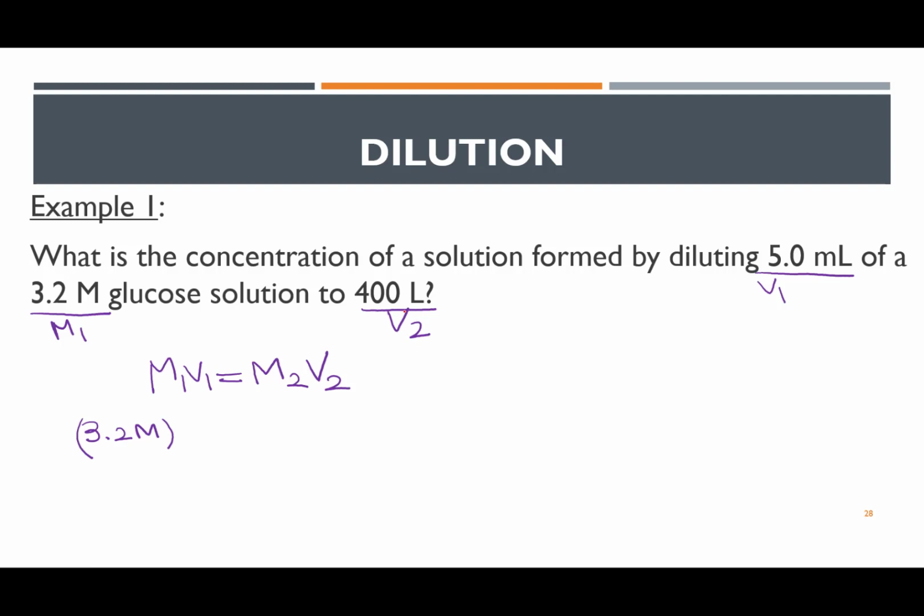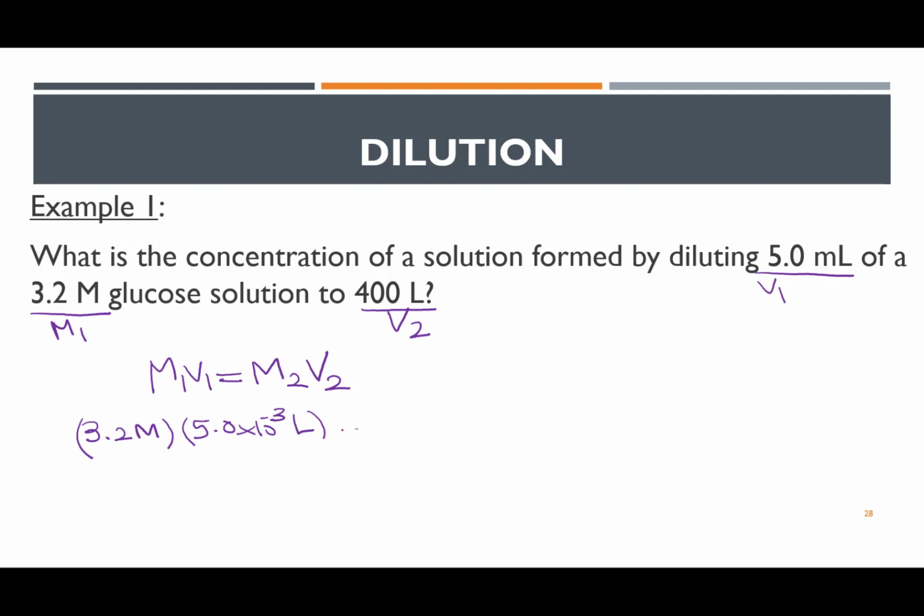V1 is in milliliter, and V2 is in liter. As I told you guys, the unit has to be the same. You could either convert the unit for V2 from liter to milliliter, or convert the unit for V1 from milliliter to liter. It's your choice. Whichever you want to do, it should be the same. I choose to convert the unit for V1 from milliliter to liter. That's just the optional choice.